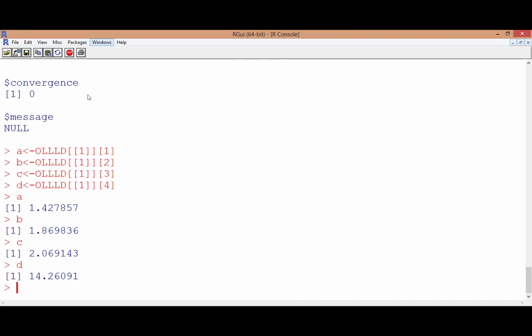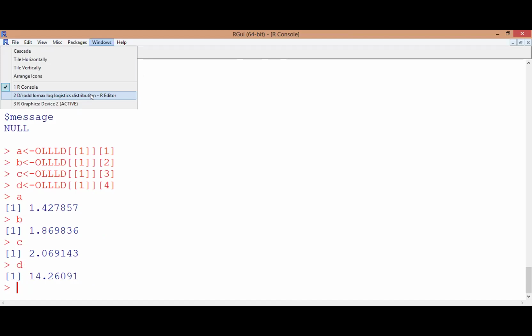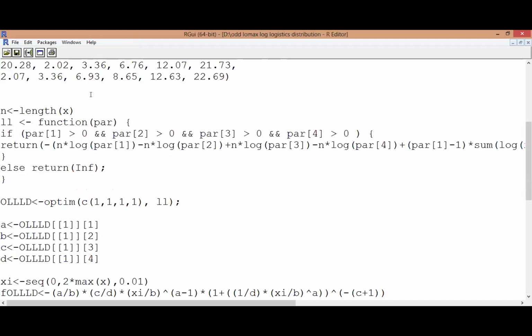After we have the parameters, we try to use the density plot and the cumulative plot. This is the goodness of fit test. It means we want to know whether our parameters are good or not.